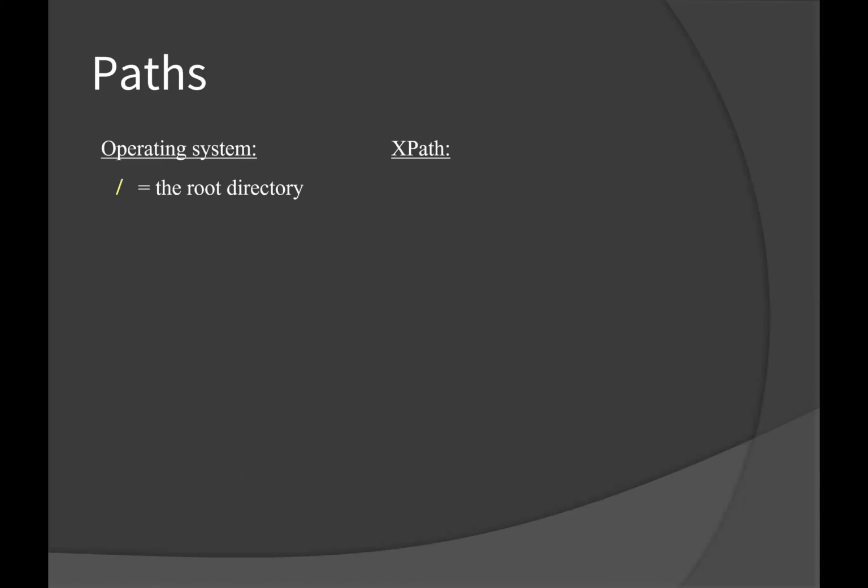Everything is a drive, like C drive, D drive, E drive, and so on. So whenever I say operating system, I'm referring to Linux or Macintosh. As forward slash is the root directory, in XPath it is called the root element.